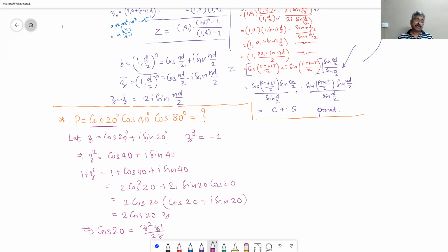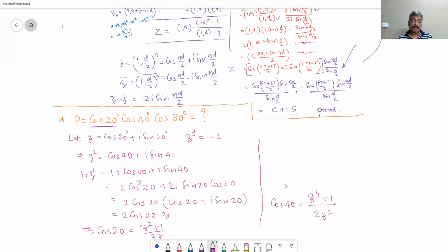Cos 20 is equal to z square plus 1 upon 2z. Okay, by these calculations. Similarly, can we prove cos 40 is equal to z raised to 4 plus 1 upon 2 times z square?